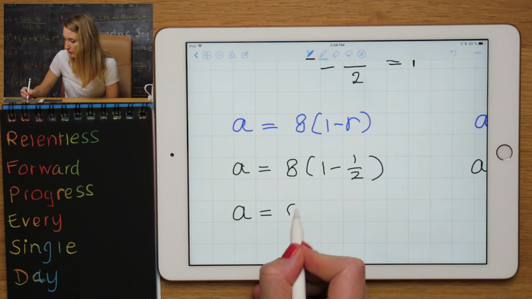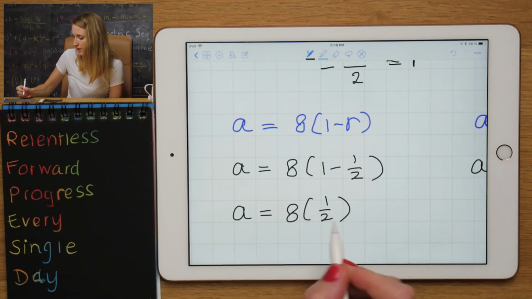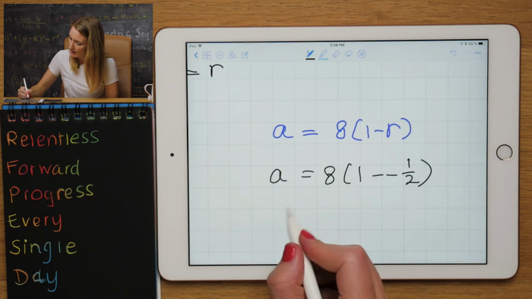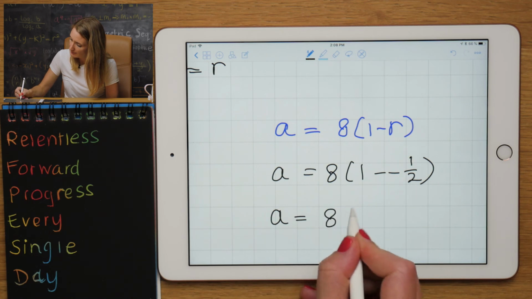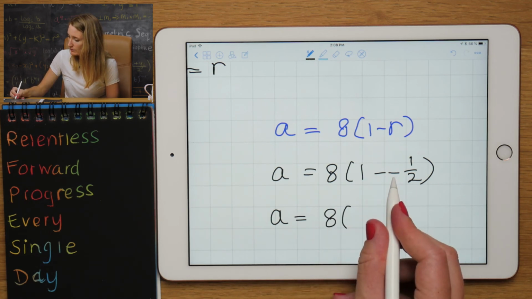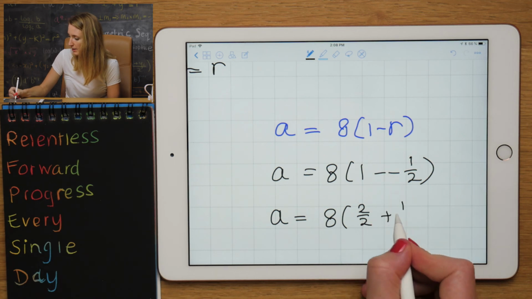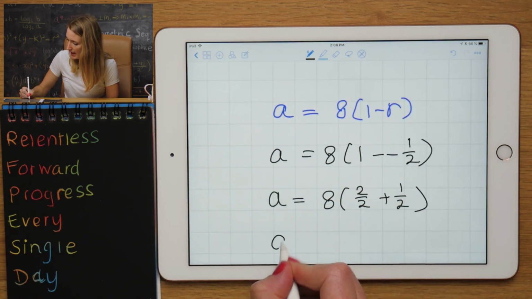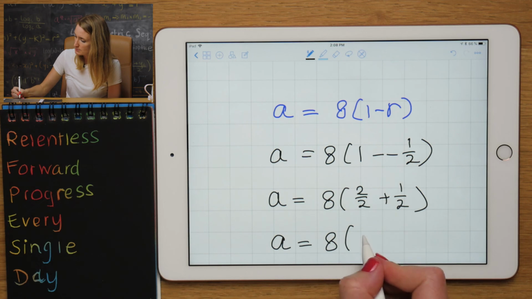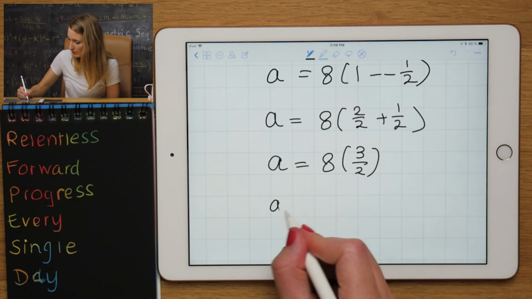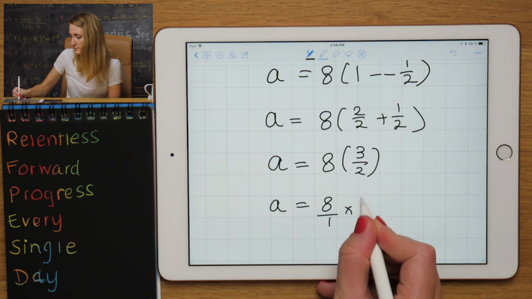So here a will be 8 times a half, a will be 4. And here a will be 8 times 3 over 2, because you would make that 2 over 2. The double minus would become plus. So a would be 8 times 3 over 2, or 8 over 1 times 3 over 2.